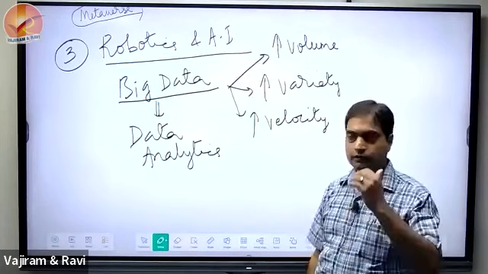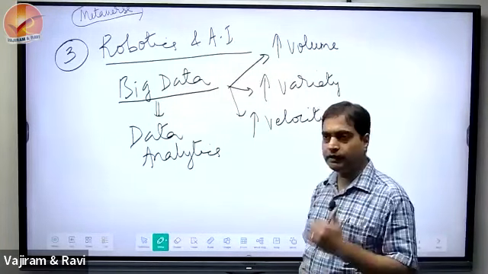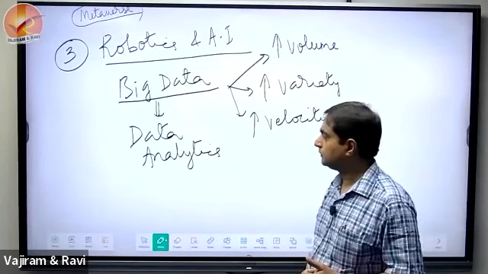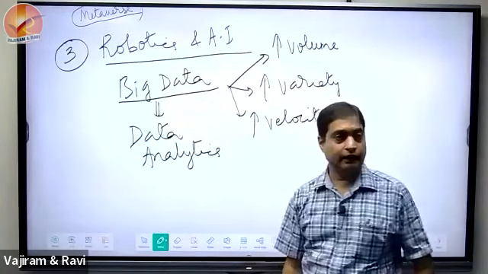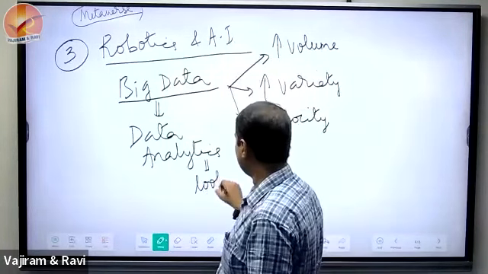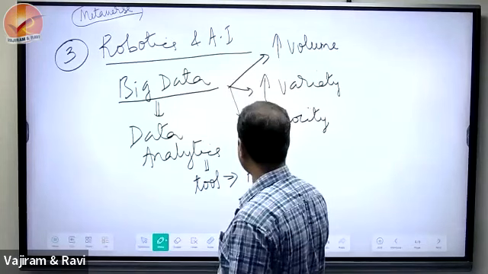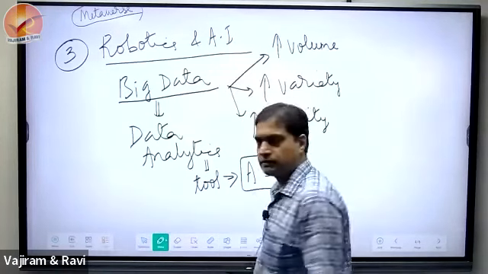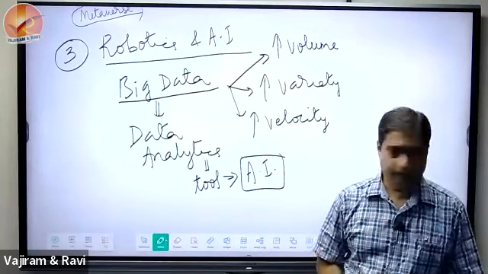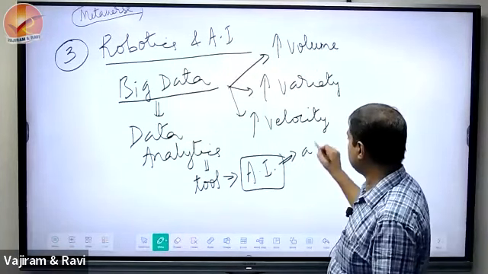So when you are converting data into knowledge for decision making, then you are using what? Data analytics. And the tool for data analytics is known as artificial intelligence. The tool of data analytics will be known as what? Artificial intelligence, which is basically an algorithm.